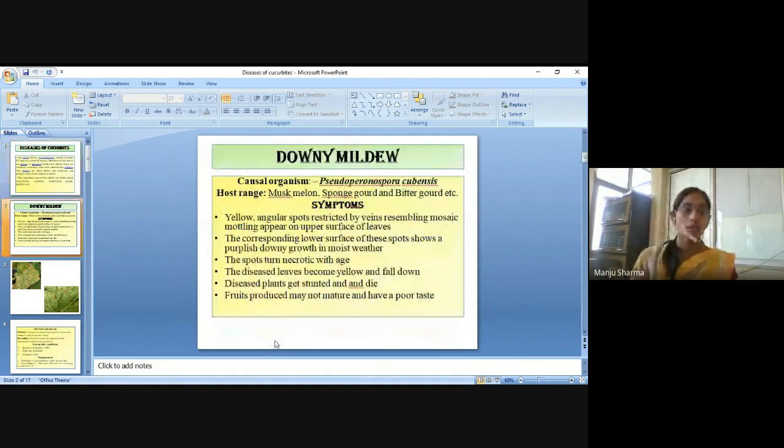The disease is downy mildew, which is caused by Pseudoperonospora cubensis. The host range includes muskmelon, sponge gourd, and bitter gourd.